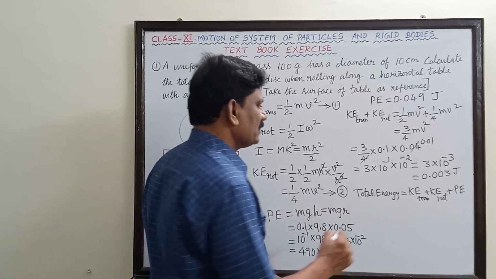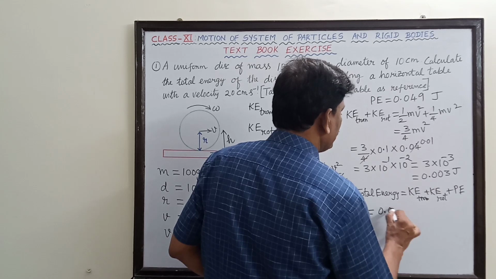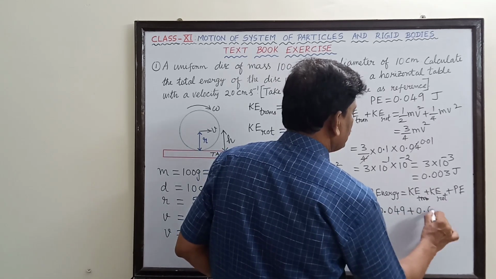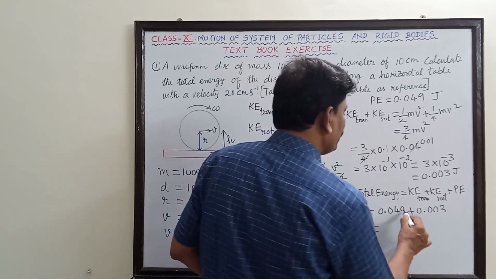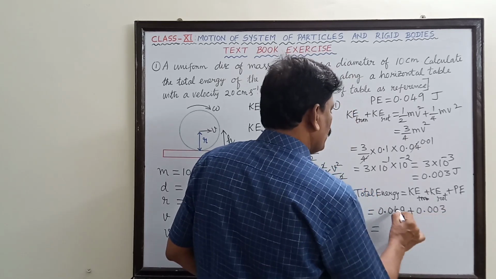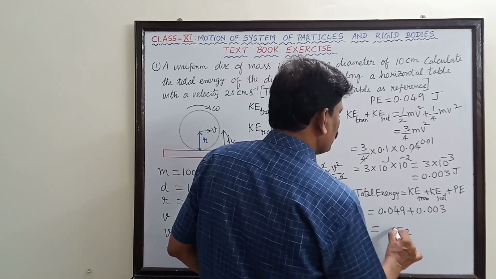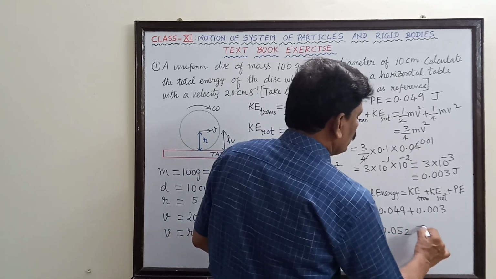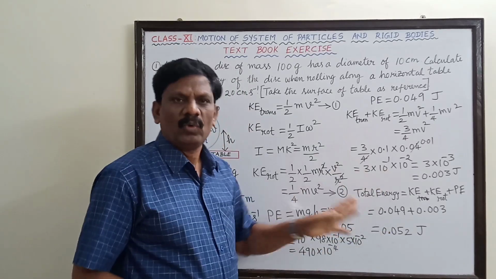Now we have to add these two, so that this is now equal to 0.049 plus 0.003. Okay, so if you add, 9 plus 3, 12, remainder 1. So 1 plus 4 is 5, and here there is a 0. So this is 0.052 joule. So this is the total energy.